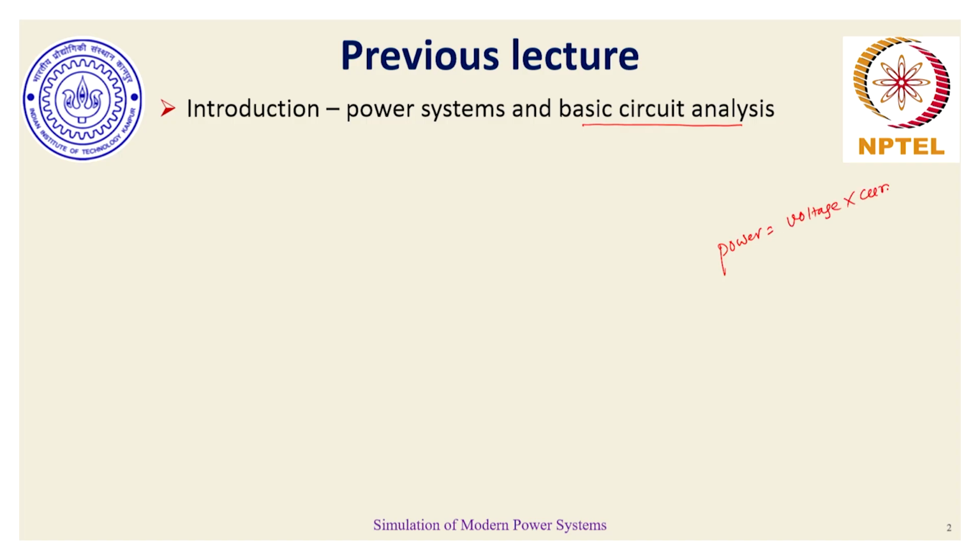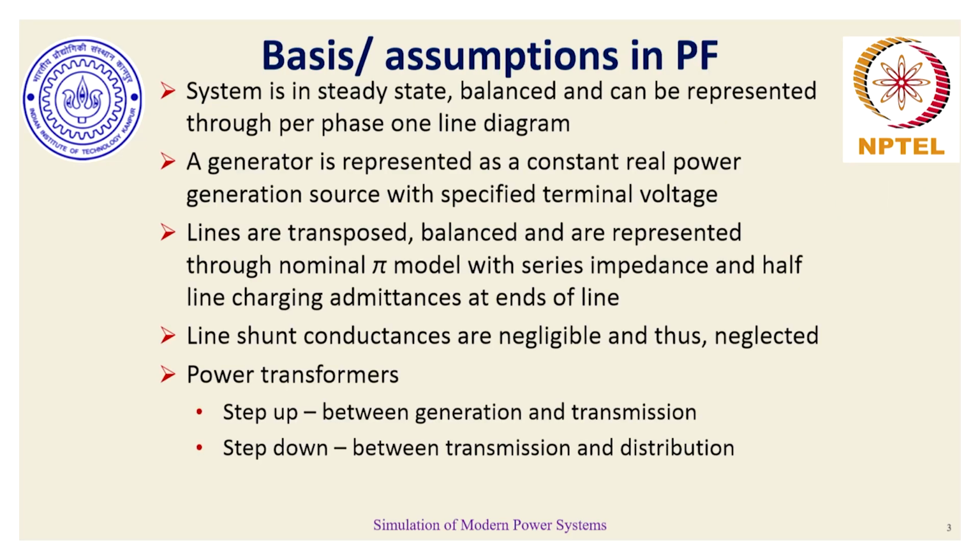If power is known to us in terms of a source, then both voltage and current, which form our variables, together form a nonlinear quadratic product, and hence the eventual circuit analysis equations turn out to be nonlinear equations, which are called power flow equations. We have to do something different than the basic circuit analysis understanding, and that's where the foundation of power flow comes in.